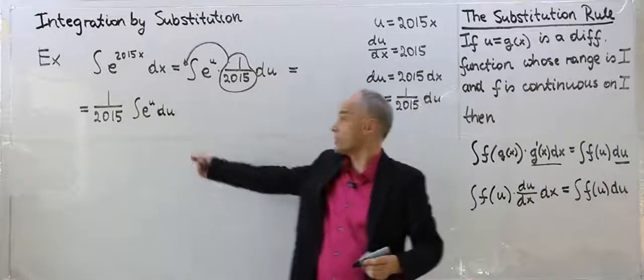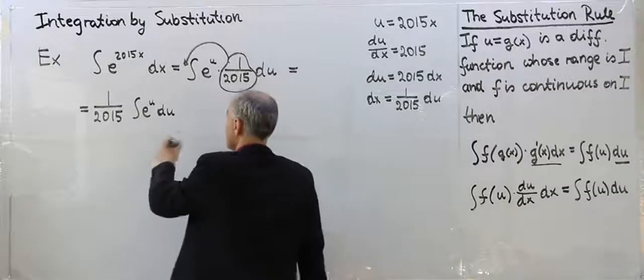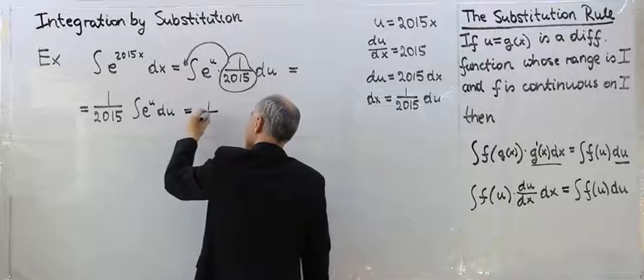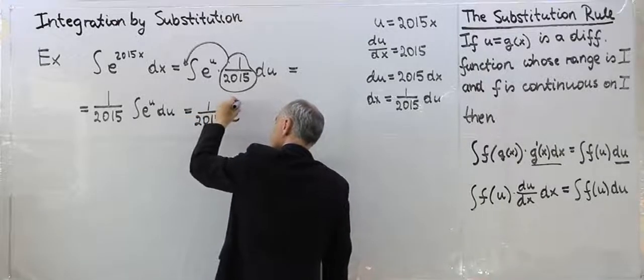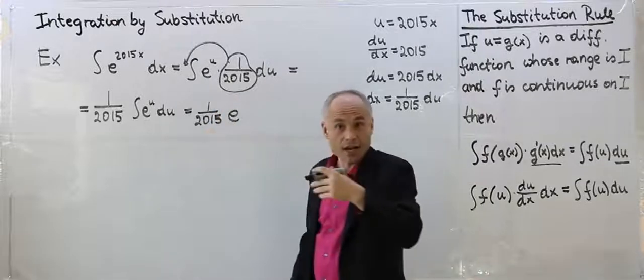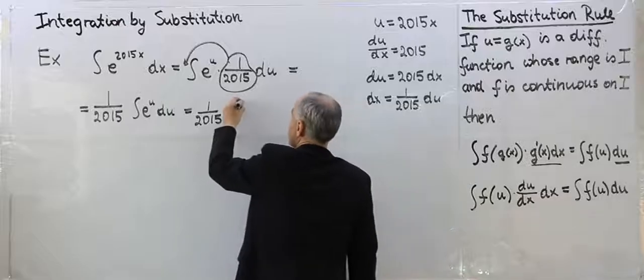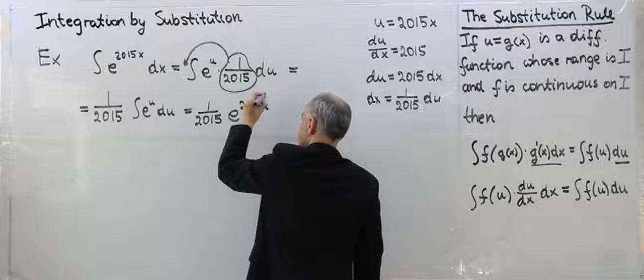So that is a simpler integral, and you know that the integral of e to the u du is just e to the u. So my final answer is 1 over 2015 e to the u plus a constant, right? But I need to replace u with what u was. So u was 2015x.